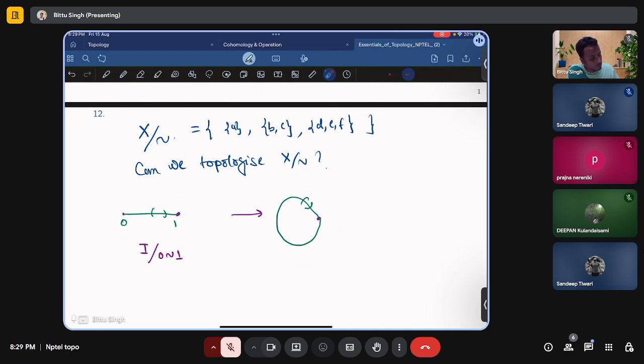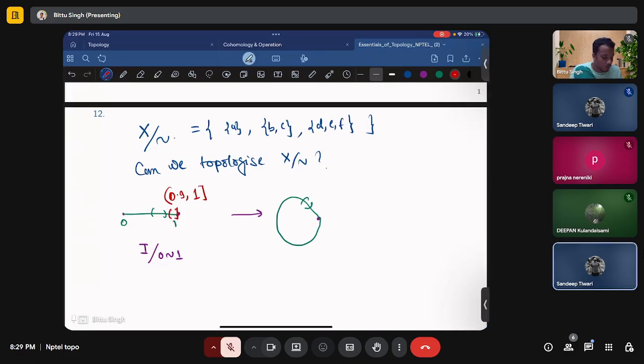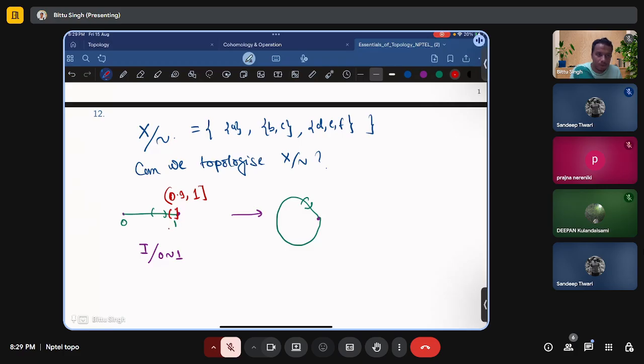Note that we already know something like 0.9 comma 1. This is open in the subspace topology, that interval, open-closed, in the closed interval [0,1]. So this is open in the relative topology, right?